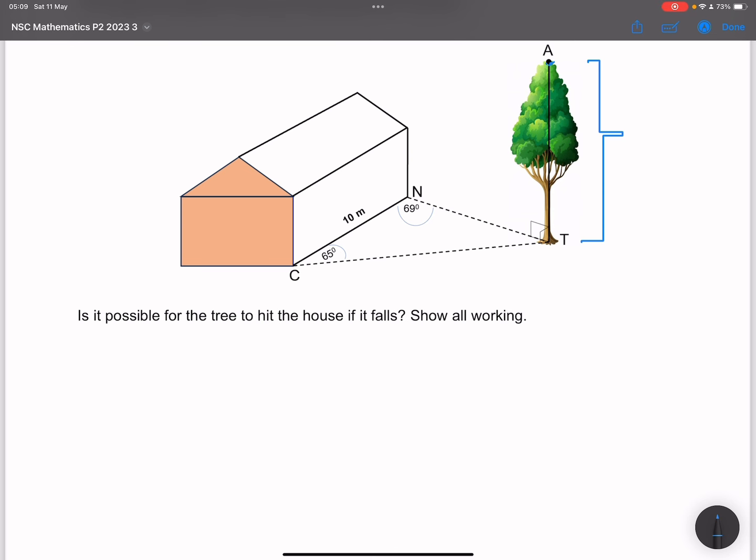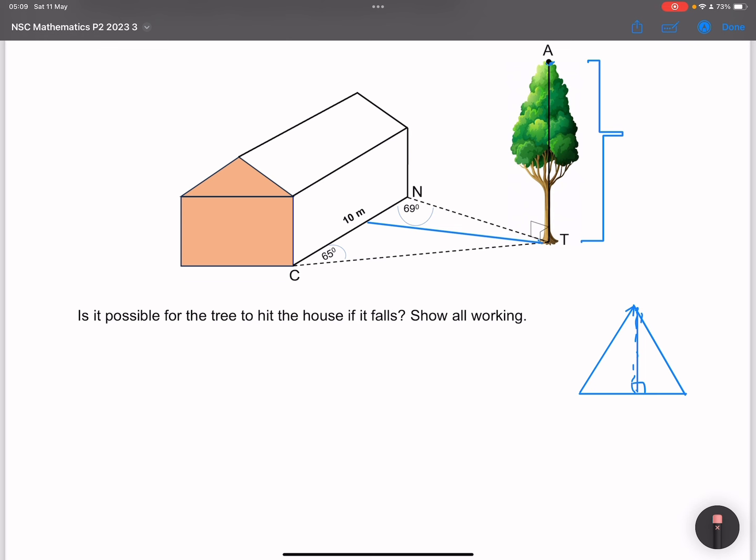If you take any triangle, the longest distance is from the vertices, but the shortest would actually be the perpendicular height. So we're going to have to find this distance here that would form a 90-degree angle with the house. We'll get back to that.